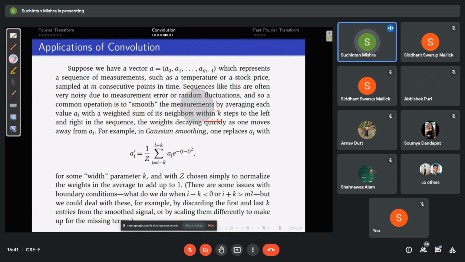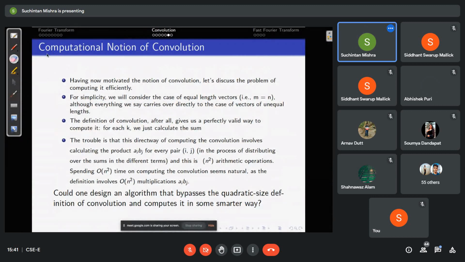So what is the definition of convolution? The definition of convolution says that we are going to pairwise multiply two signals, A and B. Now our problem has been defined. We have an array A which starts from A0 until An minus 1.